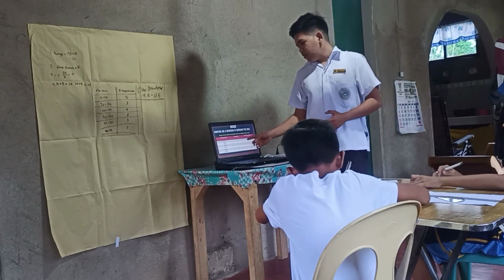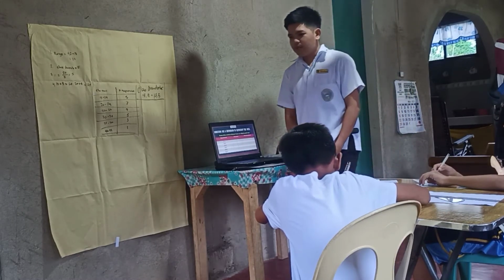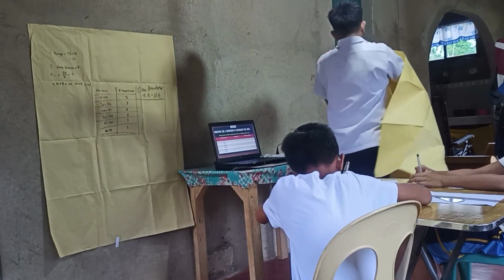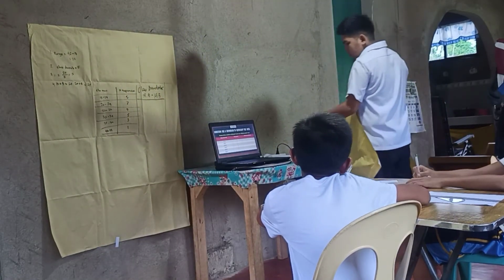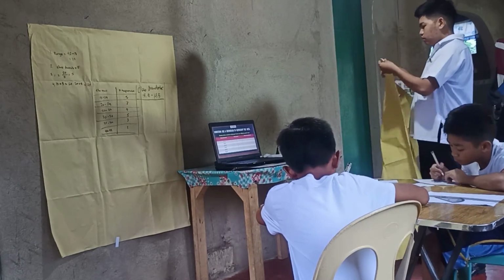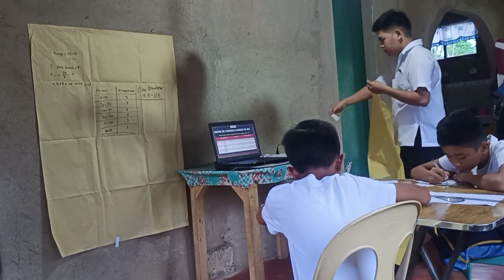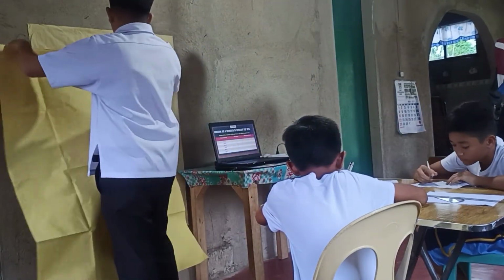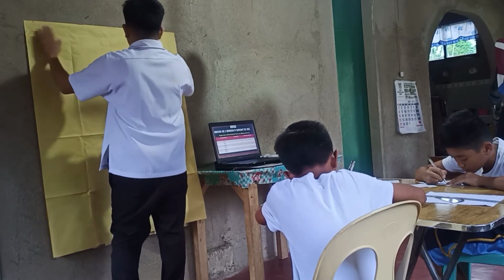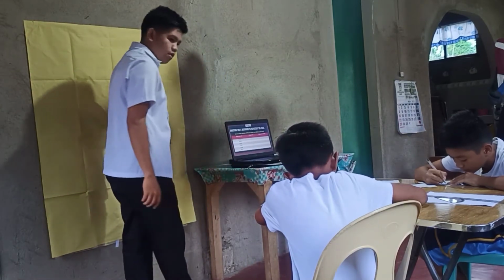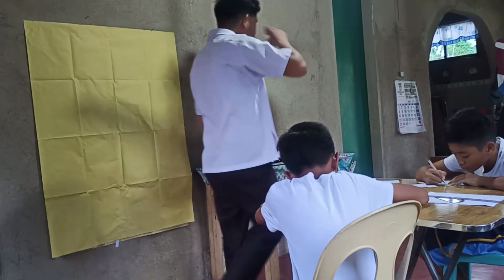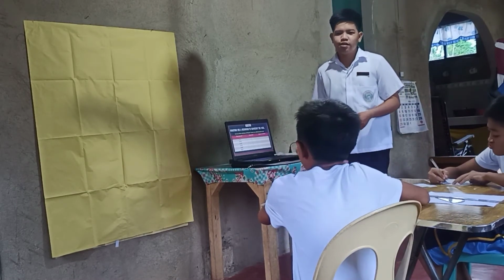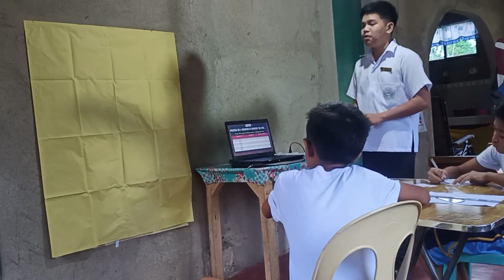What is lacking are the class boundaries for the histogram. Again, in finding the class boundaries, subtract 0.5 from the lower limit and add 0.5 for the upper class boundaries.